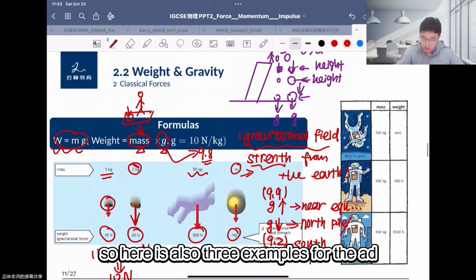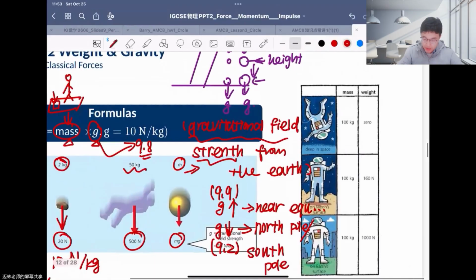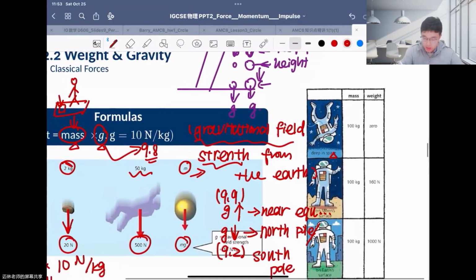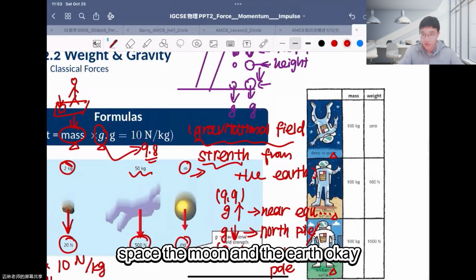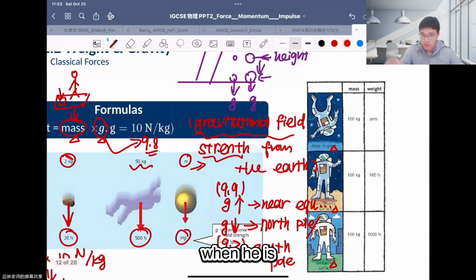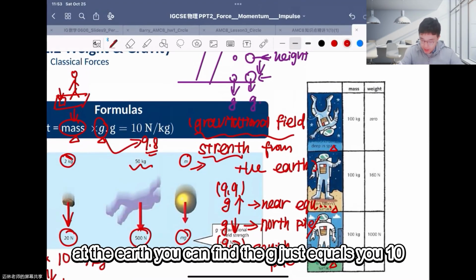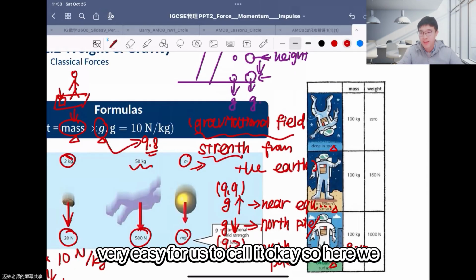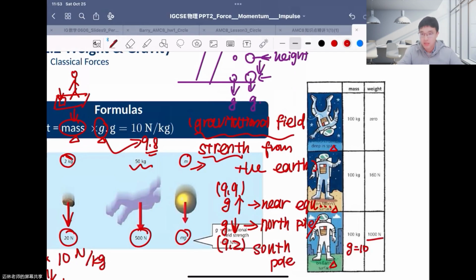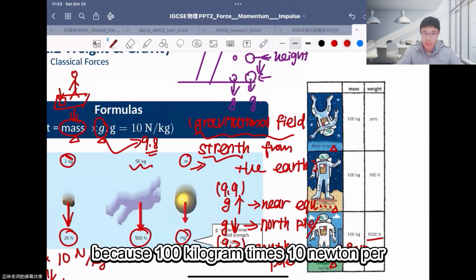Here are also three examples for an astronaut traveling through space, the Moon, and the Earth. When he is on the Earth, g equals 10. Sometimes we just take g as 10 because it's very easy to calculate. So the weight is 1,000 Newton, because 100 kilograms times 10 Newton per kilogram.